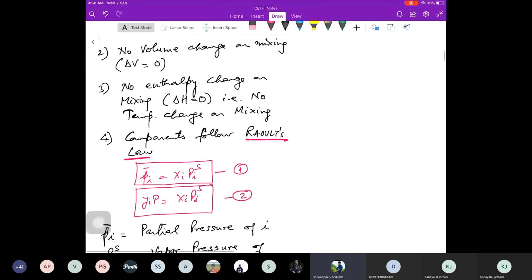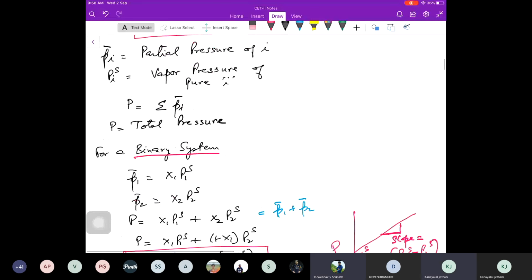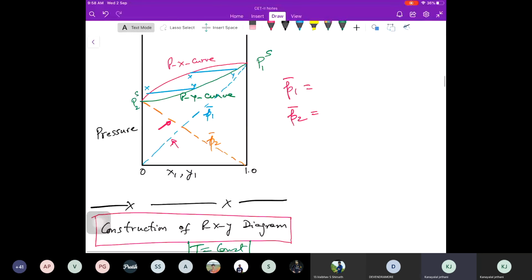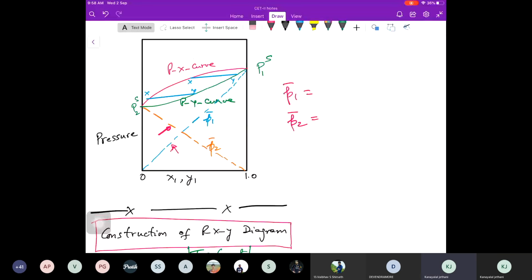x1 into P1s. Yes. P1 bar is nothing but x1 into P1s and P2 bar is nothing but x2 into P2s, right? So I am taking the y-axis as pressure, or partial pressure also, and on the x-axis x1, right? So if I take P1s here, at x equal to 1, what is P1 bar?